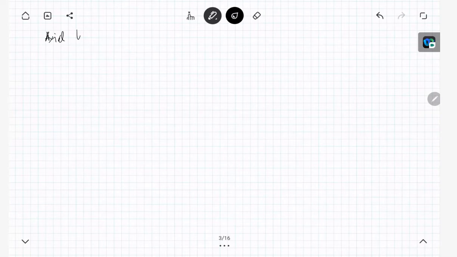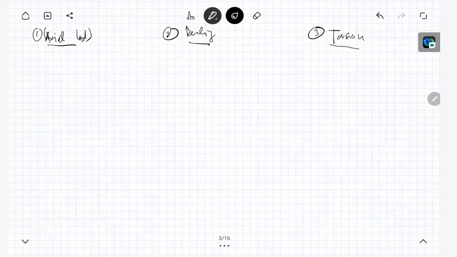That is one. The second one we have is by the radials, so we have bending loads. Then we have torque, torsion, which causes the torsion. Axial, bending, and torsion.